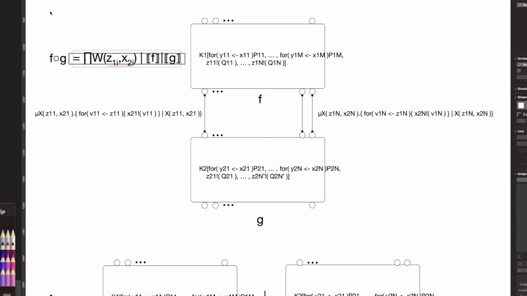So what we're going to do is put a new outside. So we're going to do new, and we want to do this for all the Z's and all the X's, right? So I'll write it this way: Z1I. Oh, I can just cut and paste.